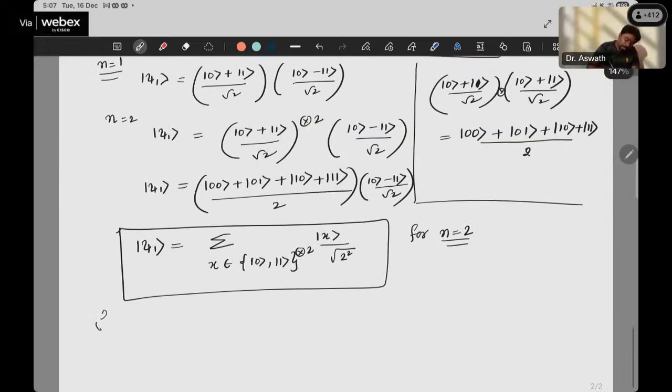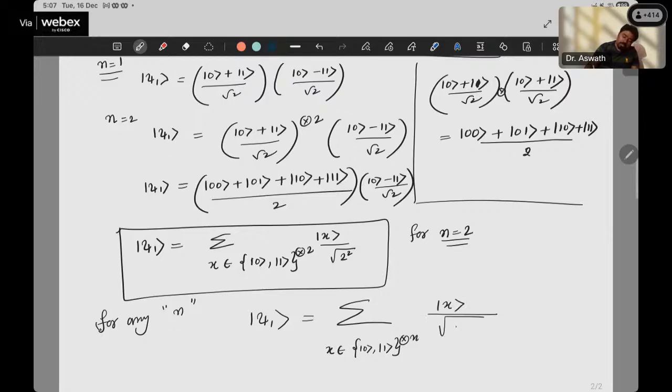For any n case, what would psi 1 look like? Psi 1 would be the summation over x belongs to 0 ket, 1 ket, tensor n, x ket divided by square root of 2 to the power of n.